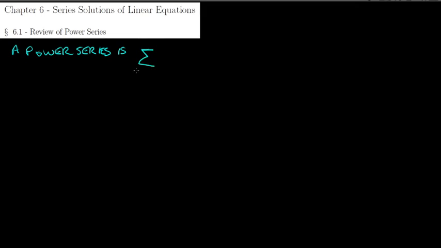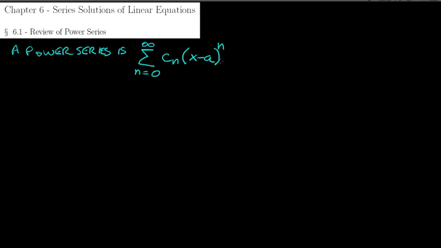And for the time being, I'm going to use the index n, but remember, n is like a dummy variable. We could use other letters for the indices, i, j, k, and so on. So n starts at 0 and goes all the way to infinity. And then we have some constants, we'll call them c_n, times (x minus a), and again a is just a constant, all to the power n.